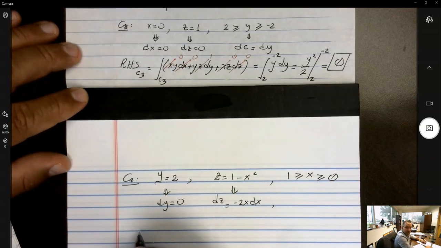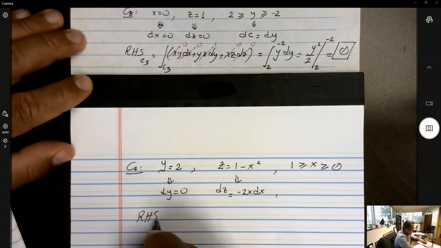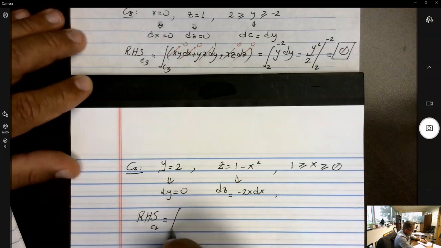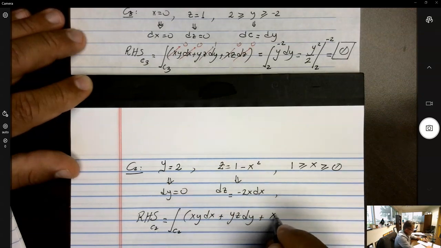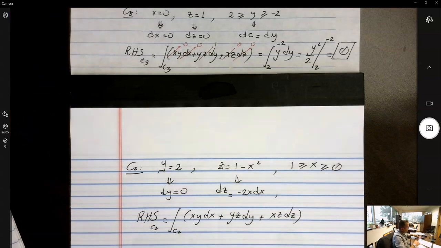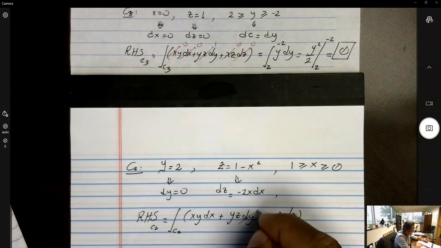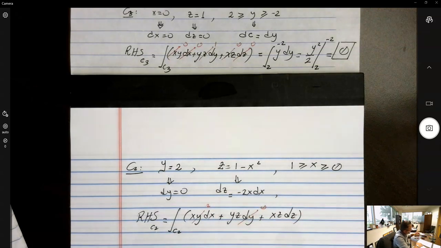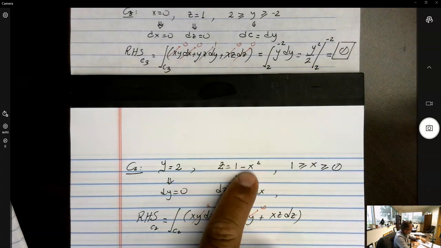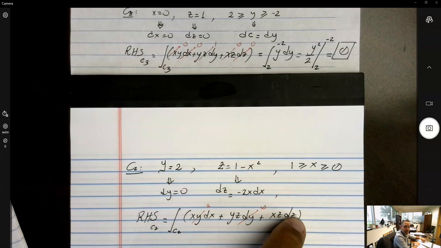So the right-hand side along C2 will be the integral over C2 of xy dx plus yz dy plus xz dz, where dy is equal to 0. This y here is equal to 2. And then we can replace z with these quantities and dz with these quantities.